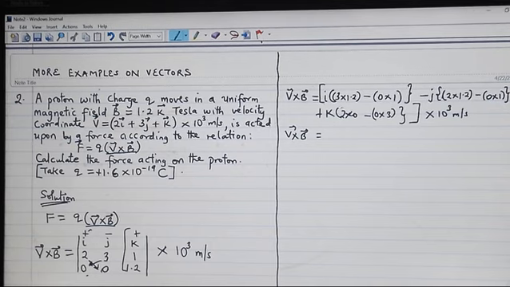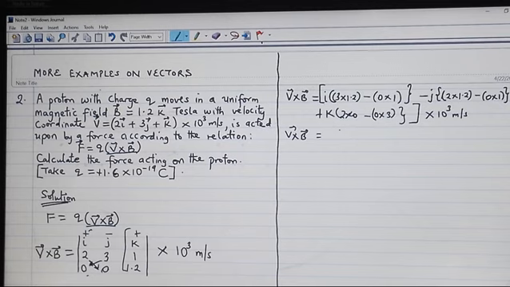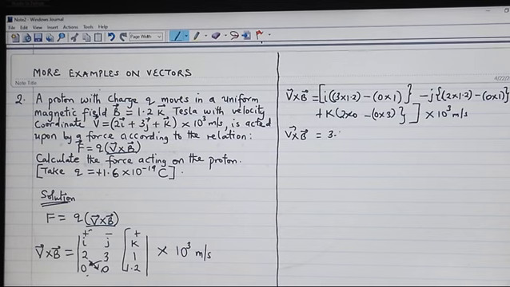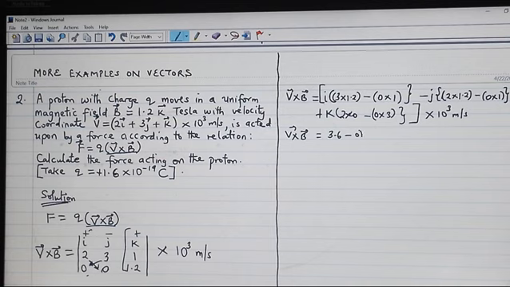3 times 1.2 gives us 3.6. This is 0, so we say 3.6i, or 3.6 minus 0 into i, minus j into 2 times 1.2 gives us 2.4. This is already 0. We say 2.4 minus 0.